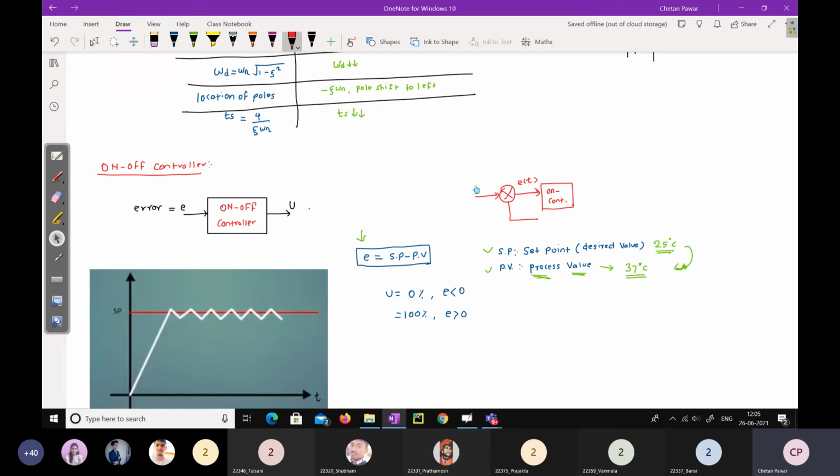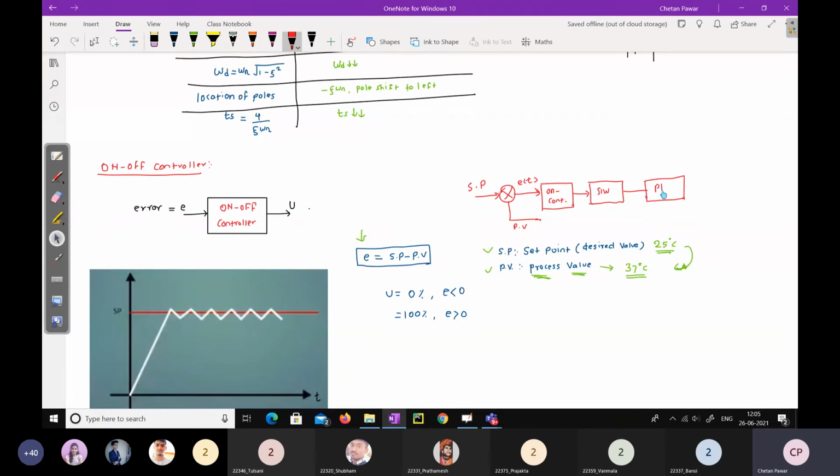This is the set point, and this is the present value. And now I am using one actuator here, or if I talk about an electronic circuit, I can use one switch here. And this is my plant, or this is my circuit, right?